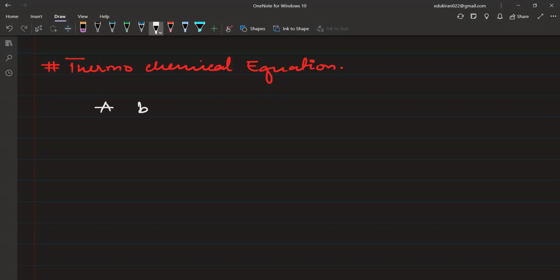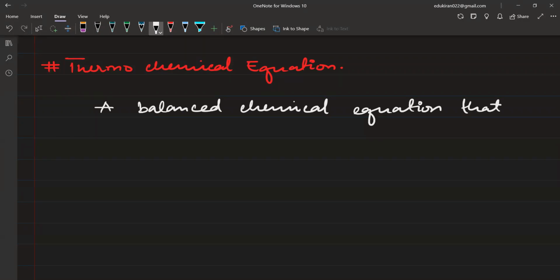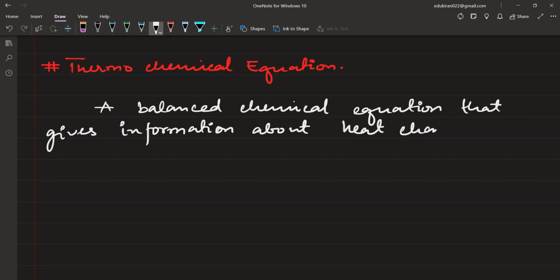Please think: a balanced chemical equation that gives information about heat change during the reaction.